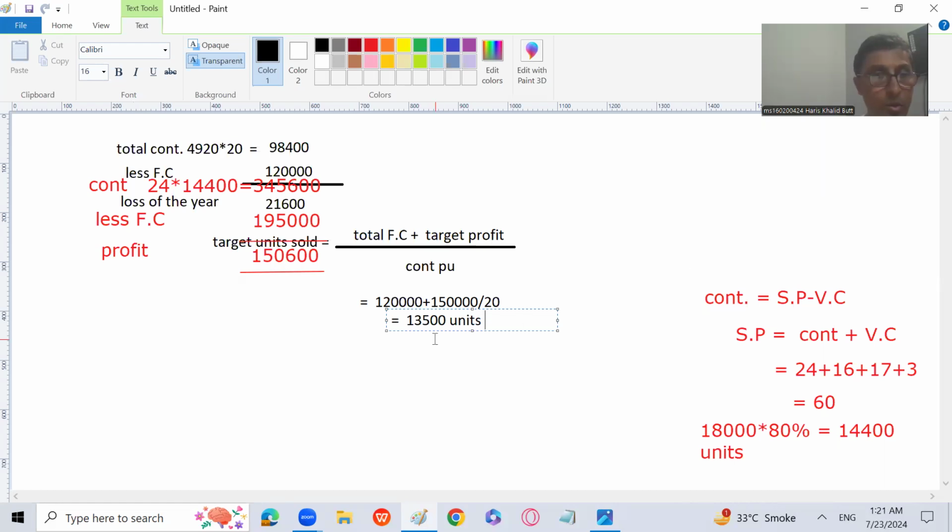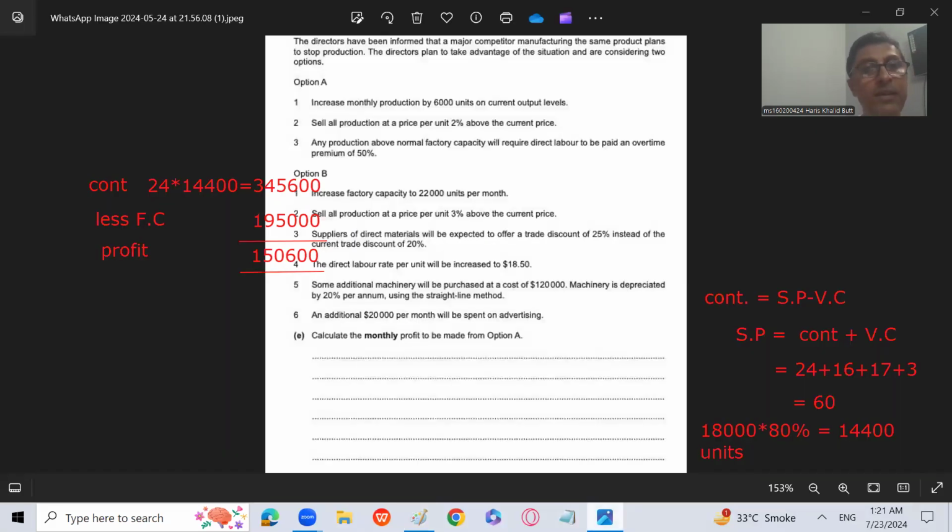Okay. So increase the production by how much? Let's increase monthly production by 6,000 units on current output level. It's not saying budgeted output level, it's saying current output level, right? So the current output level is 14,400.